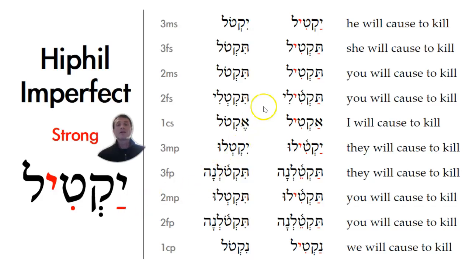The main thing you want to look at is that short a, the patach vowel under the signal letter or under the prefix of the Hifil. In the kal stem or the pa'al, it's a hirik, right? Hirik followed by a silent shva. In the Hifil, it's a patach, an a followed by a silent shva. And then typically there's a hirik yod, or sometimes just a hirik, or sometimes a tzere, theme vowel or second vowel.